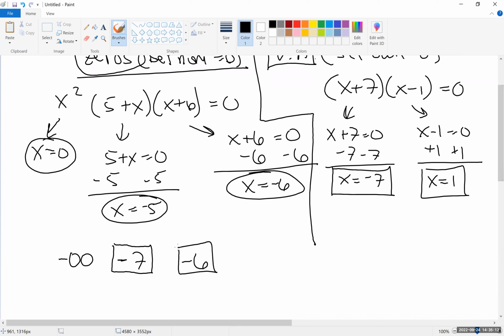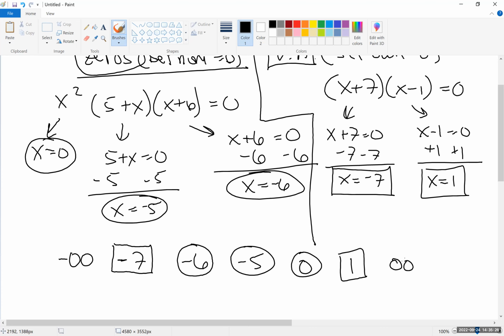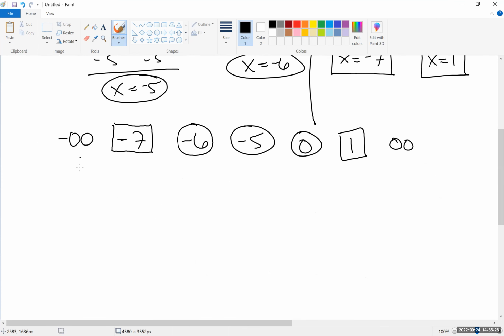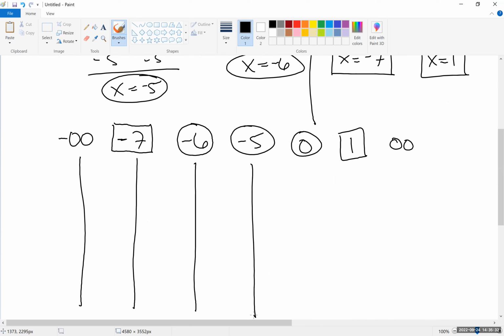Don't box it. I circle it, right? It's a 0. Negative 5 is a 0. And then 0 is a 0. And then 1 is a vertical asymptote. And then infinity. Okay, this is a monster sign chart. That is A-OK. We're going to take things one step at a time.